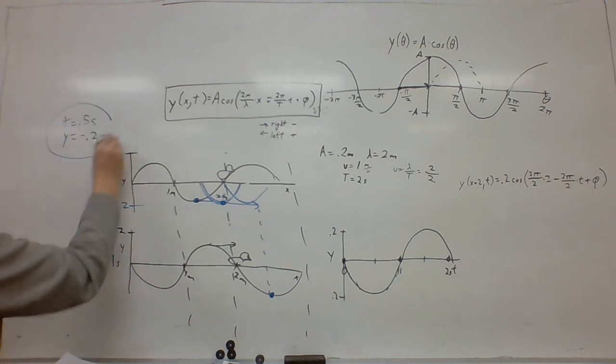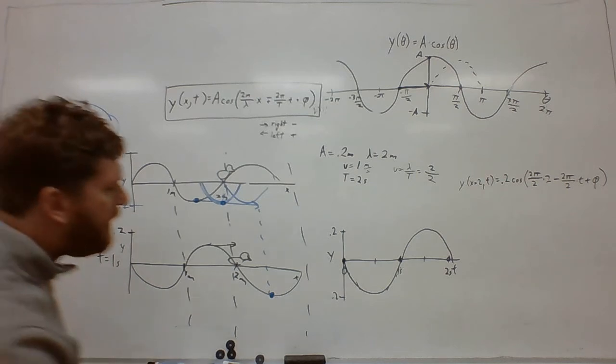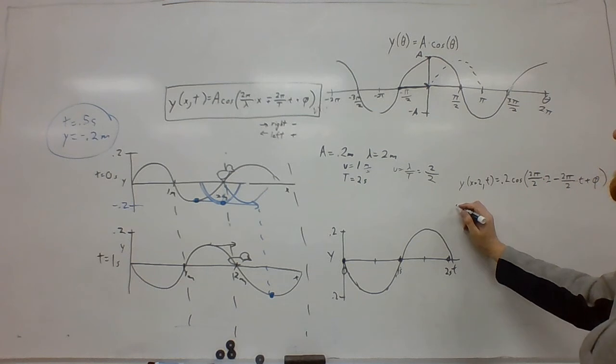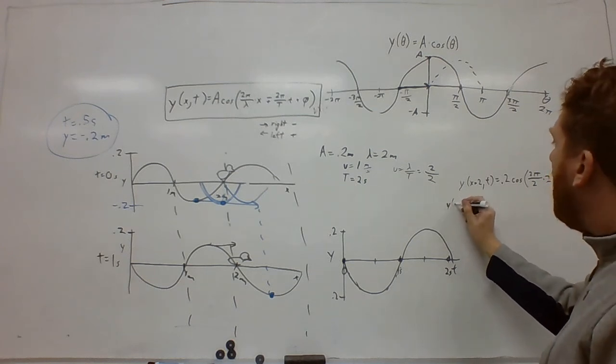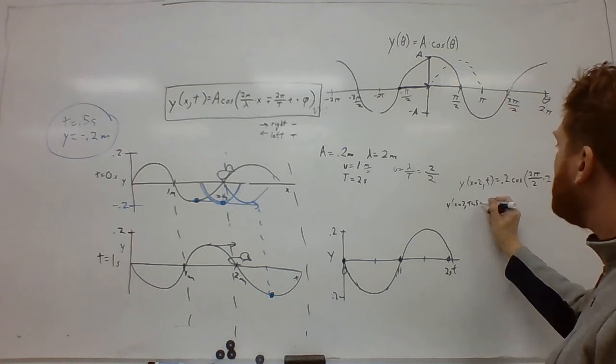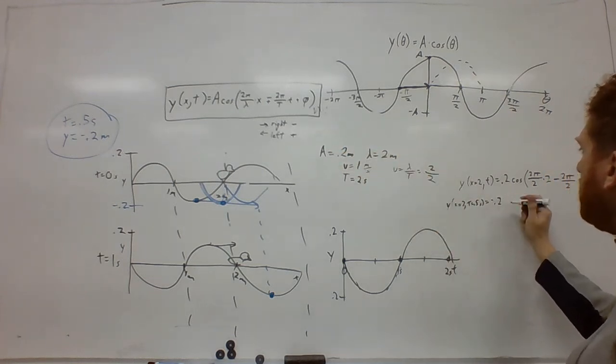Now that I have this pair of conditions, I could plug these in and solve for my phase constant, phi. So y at x equals 2 meters and time equals 0.5 seconds is equal to minus 0.2 meters.